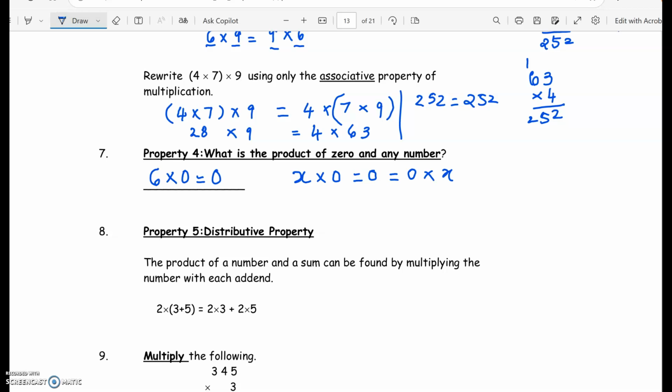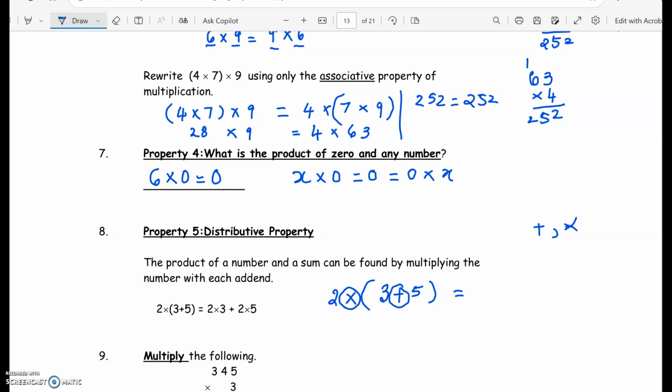Next, what is the distributive property? Here we're going to use two operations, both addition and multiplication. Now, if we have 2 times 3 plus 5, how do we use the distributive property? Notice that in parentheses, we have addition.